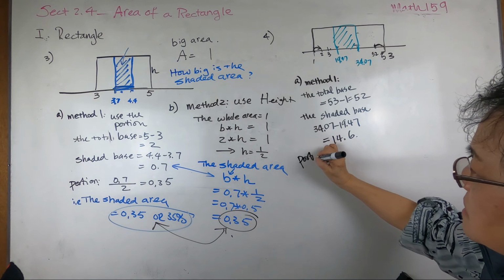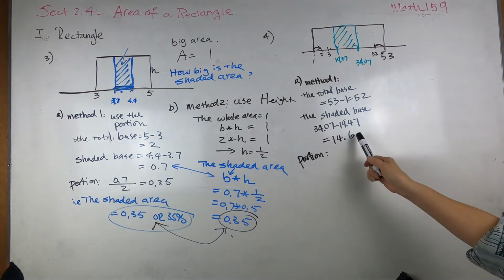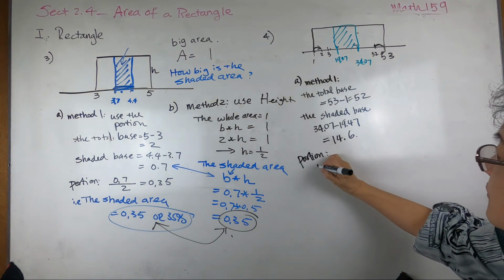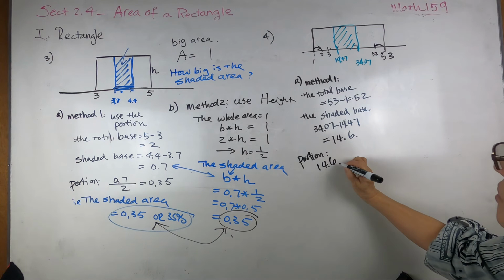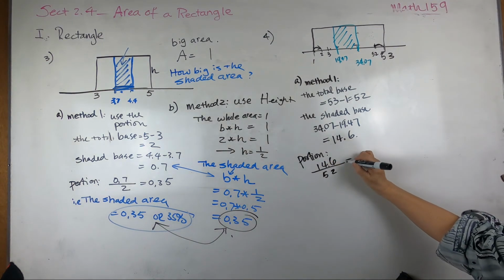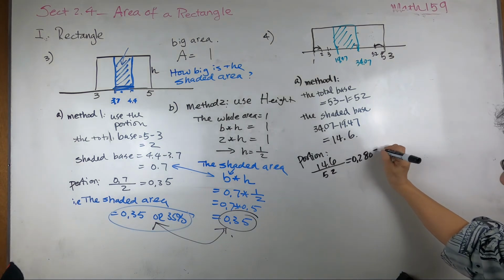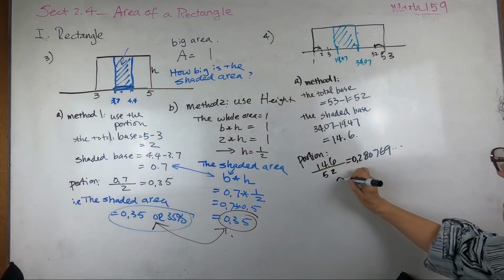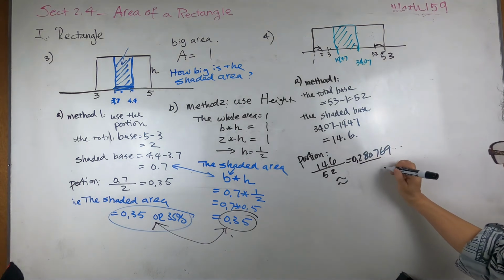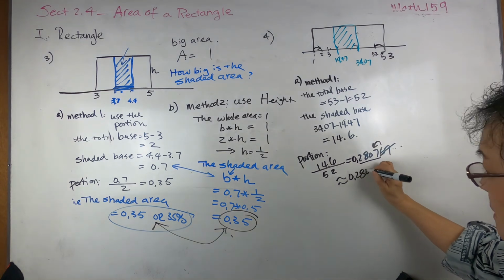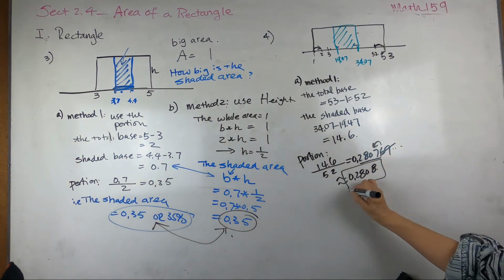So the portion, the part of the whole, for the shaded area will be 14.6 divided by 52. Then you use your calculator, you get 0.2807, something like that. Usually if it doesn't tell you, we just round to the 4th decimal, so it will be 0.2808. So that's the portion.